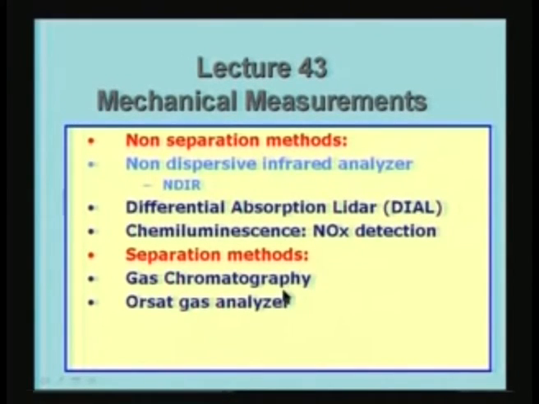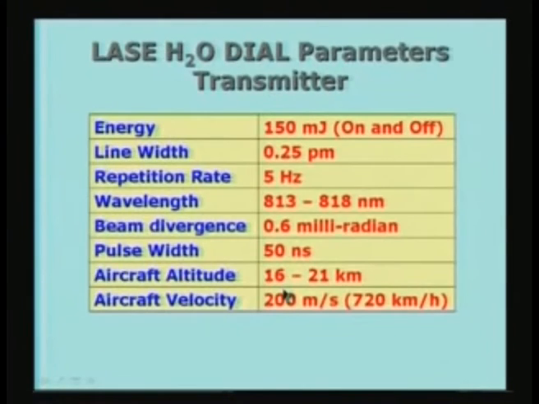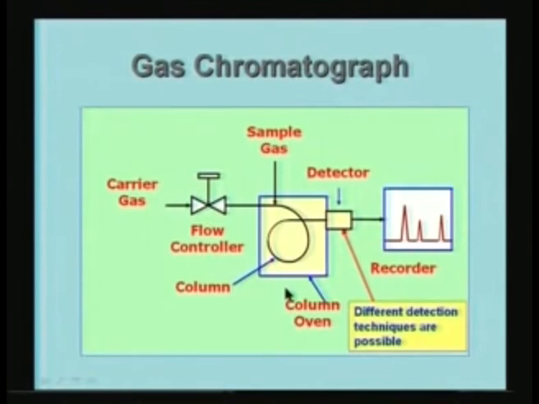So, the gas chromatography method can be explained by the following kind of schematic. The gas chromatograph depends on several factors. One, we need a carrier gas, for example helium, hydrogen, nitrogen, argon, these are all carrier gases which can be used.